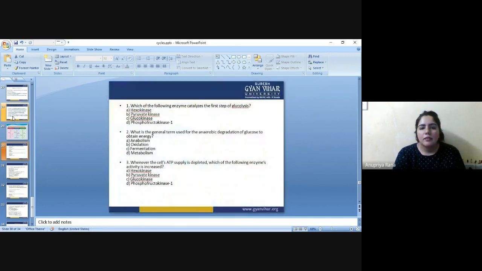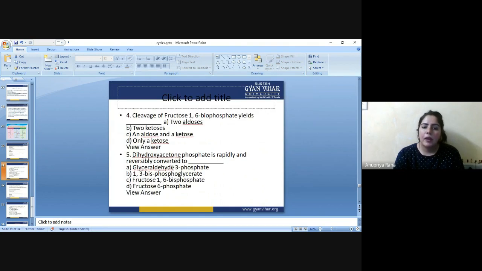Now these are some questions related to the pentose pathway and glycolysis both. If you understand the unit or the cycle, you can easily answer these questions. I will upload these questions on your LMS, and whenever you get time, take a look.